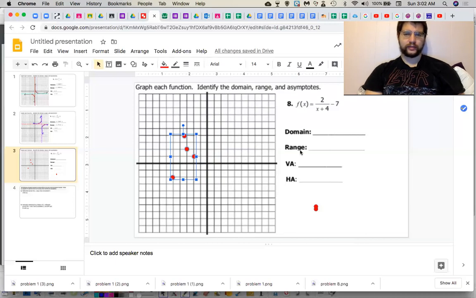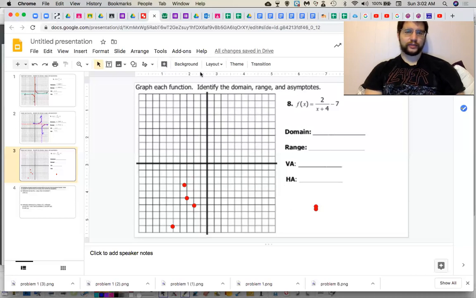And down 7. 1, 2, 3, 4, 5, 6, 7. I'm just using my arrow keys to move those. It's a heck of a lot easier than trying to drag it around.